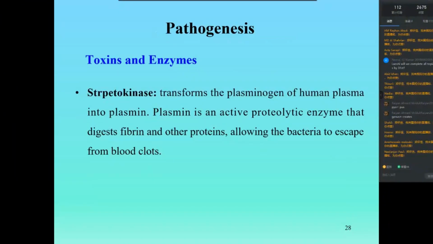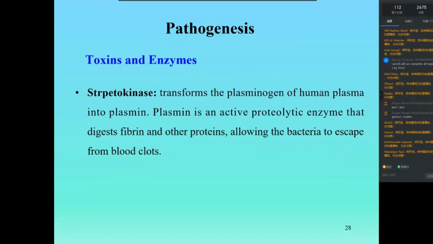There are two different types of hemolysins. The first one is hemolysin O. Hemolysin O is a protein hemolysin, and it is antigenic.